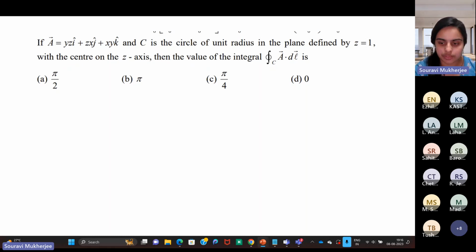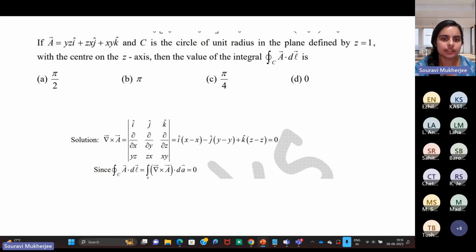So it's pretty simple. So I won't spend much time here. So if you solve it, you'd see that the curl of A is actually 0, right? So that's why, see, you could have solved this question by changing to radial coordinates, okay, and then taking line integrals and changing all of this in terms of radial or cylindrical coordinates because z is also involved.